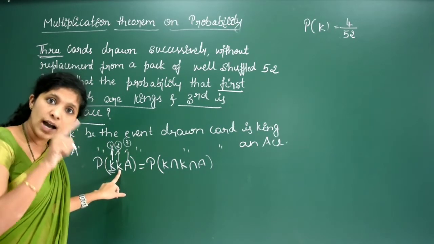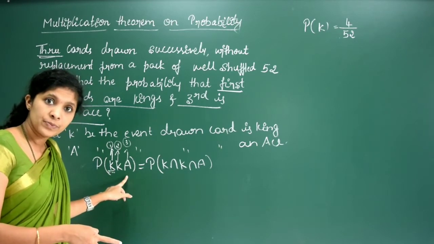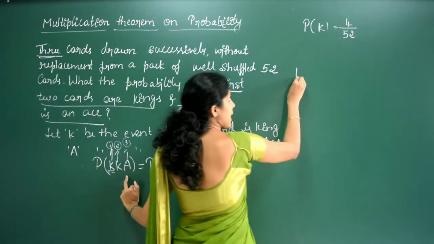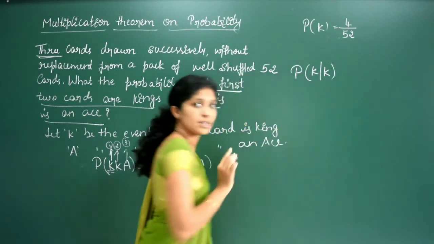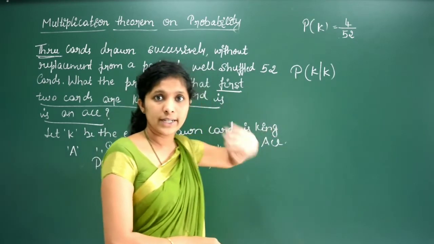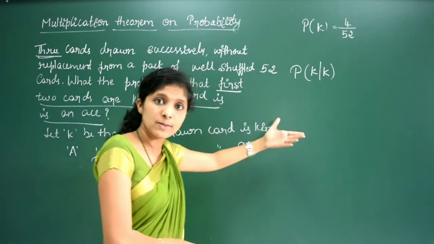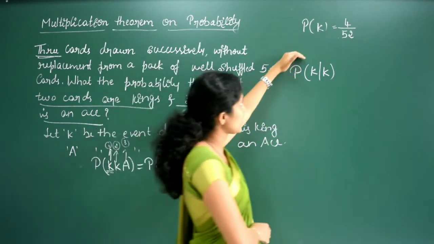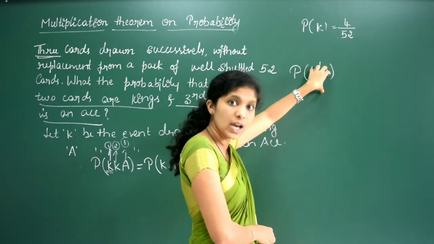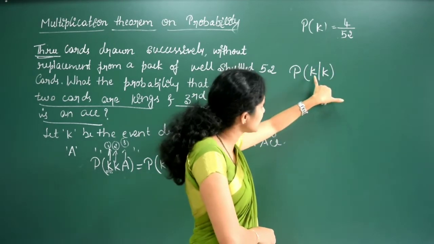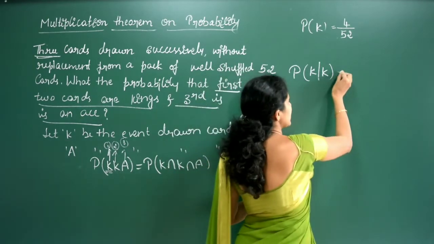Now we need to find the probability of another event. That should also be a king, but one king is already drawn. Right? Now what will be the probability of K? That can be written as the probability of K where one king has already occurred, P of K by K. The conditional probability of a second king where the first king has occurred is equal to how many cards are there now?